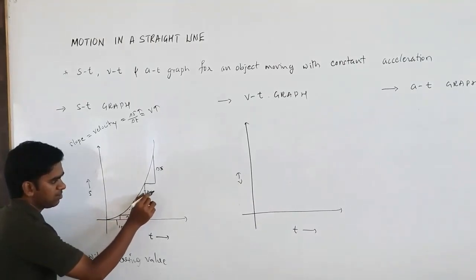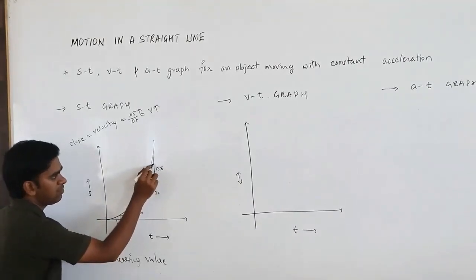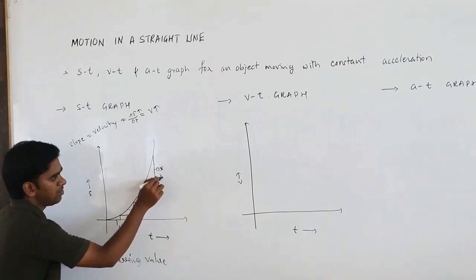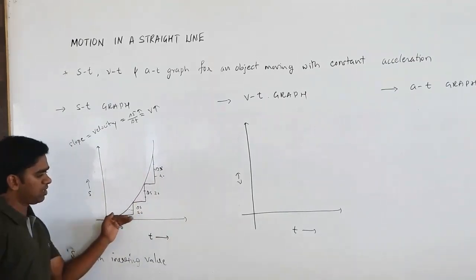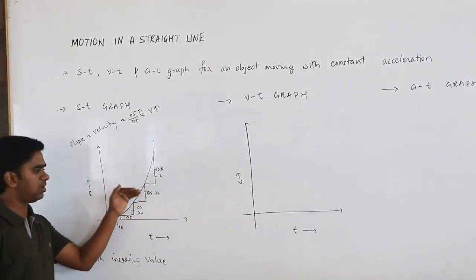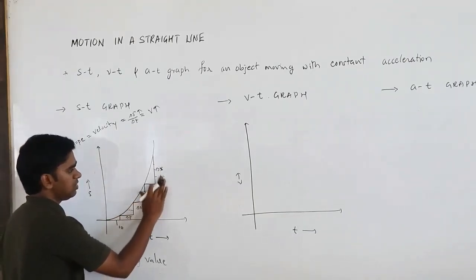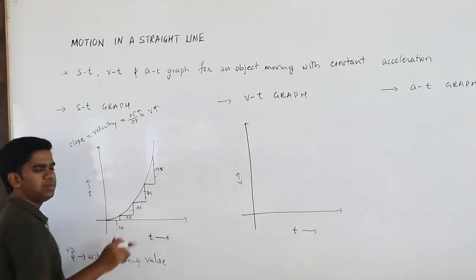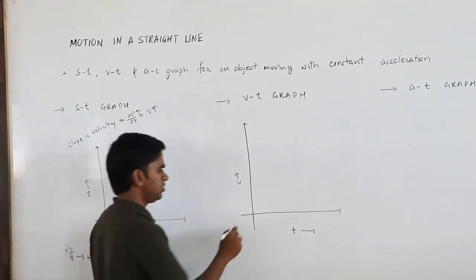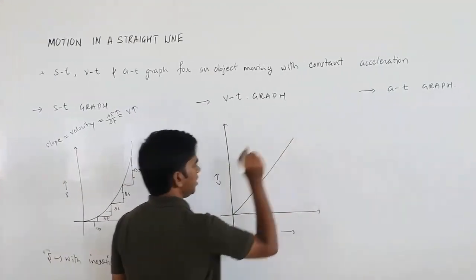It is looking like triple, so it may be 30. It is looking like 4, so it may be 40. So displacement is changing with some values. That is why your velocity is also increasing with some standard value, and that is why you will get this slope like this.